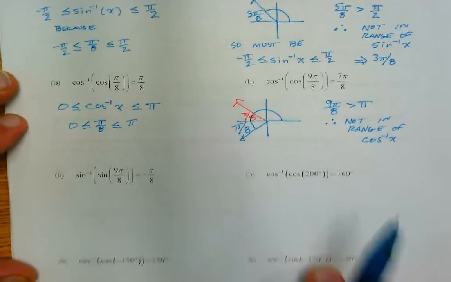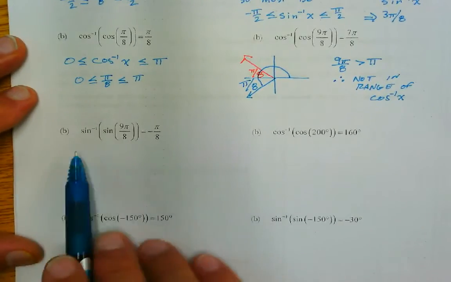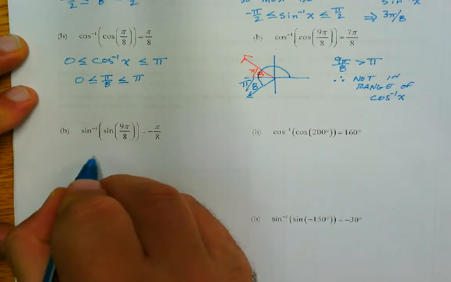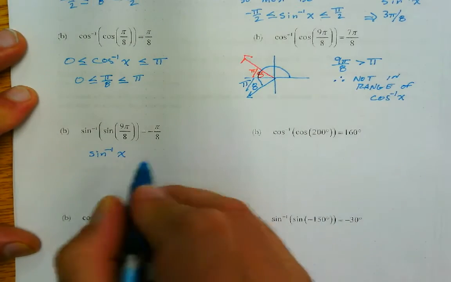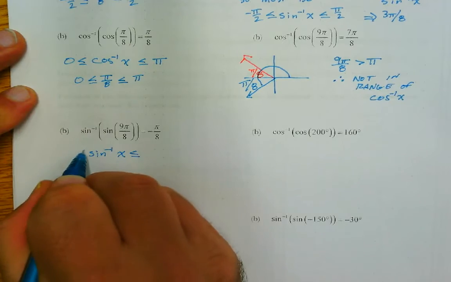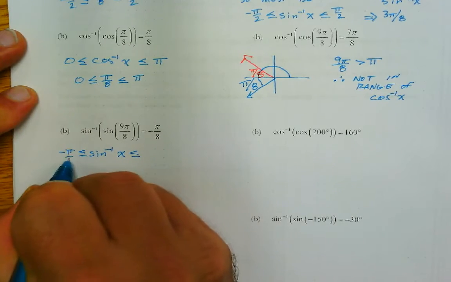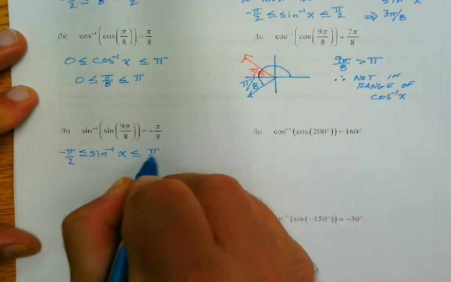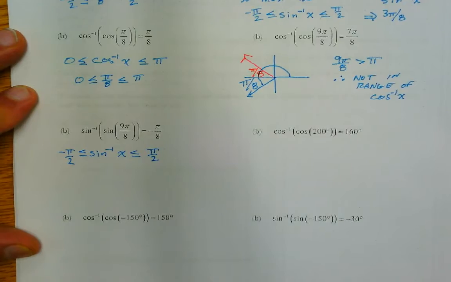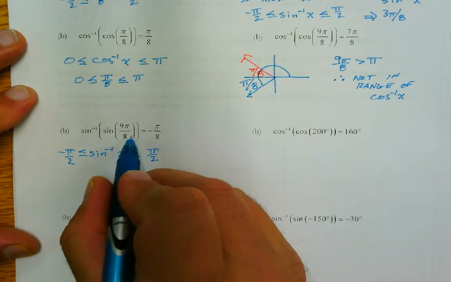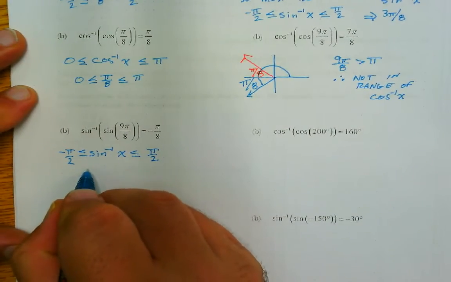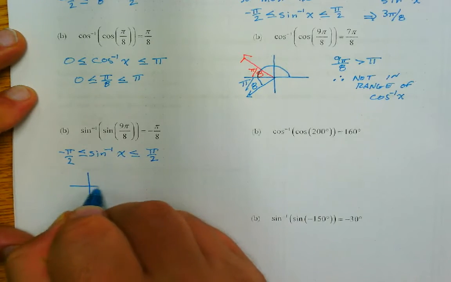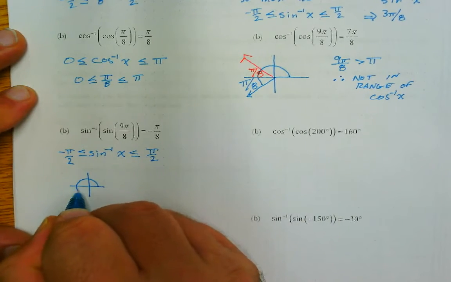Okay? We have to recognize how that works. Let's check another one out. Here's 9 pi over 8. What do I know? This is very, very important. My inverse sine must be between negative pi over 2 and pi over 2 for my outputs. 9 pi over 8 does not satisfy that. So I have to say, where is 9 pi over 8?